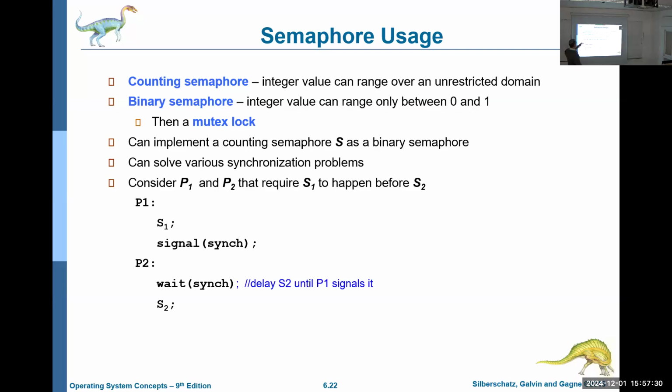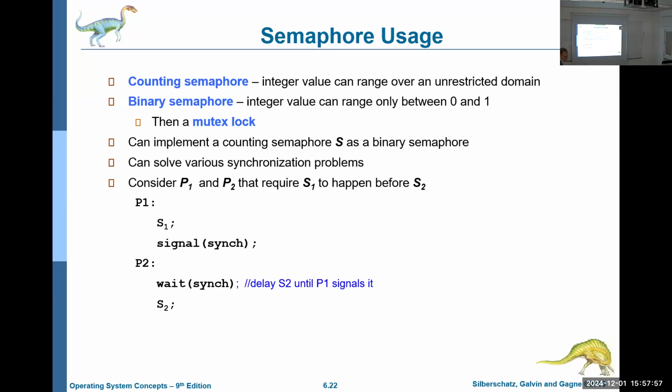When I set my S to 1, then I can only allow 1 in. So it's a binary semaphore, a locking mechanism that's binary. And if it's binary, then it's a mutex. Mutex is short for mutual exclusion, a binary mechanism for excluding.